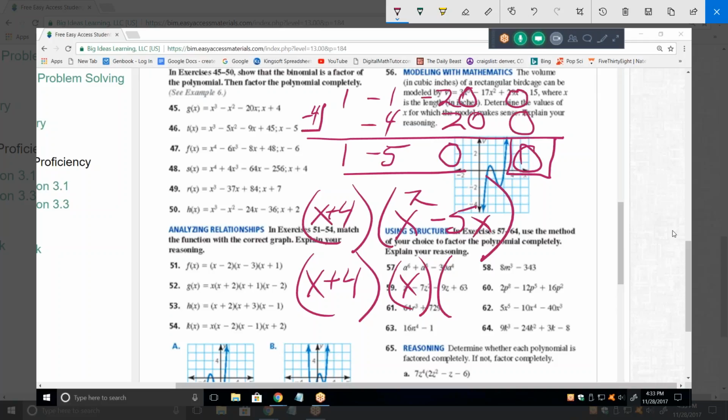All you did was take a greatest common factor out. What do you got left when you take out an x? x minus 5. Okay. And there it is, fully factored. And factor the polynomial completely. We've done it. Still doesn't ask to solve for the zeros, so that's the answer.